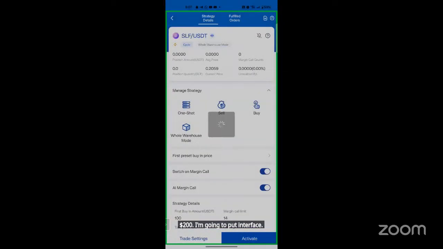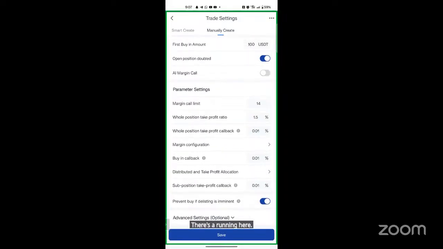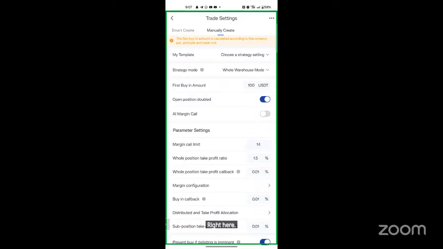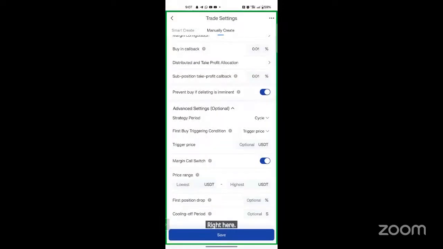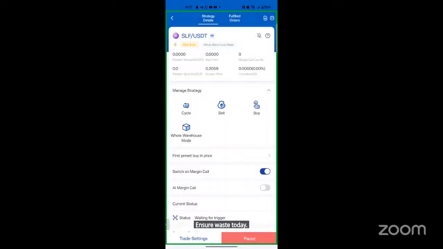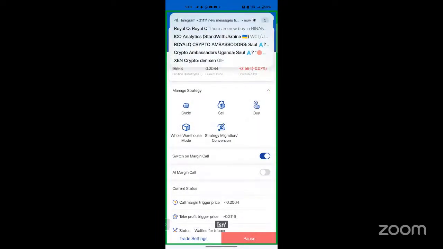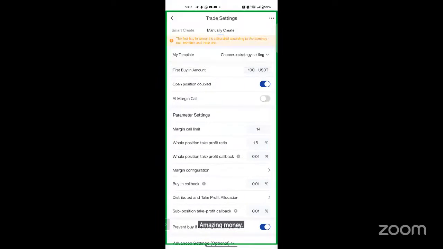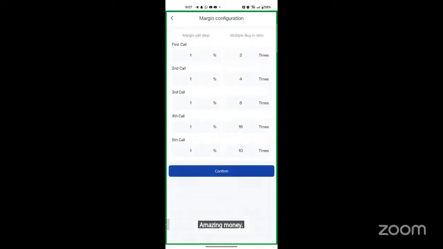There is money here. Money here. I'm sure. Don't waste time. There's money here. Very much good.